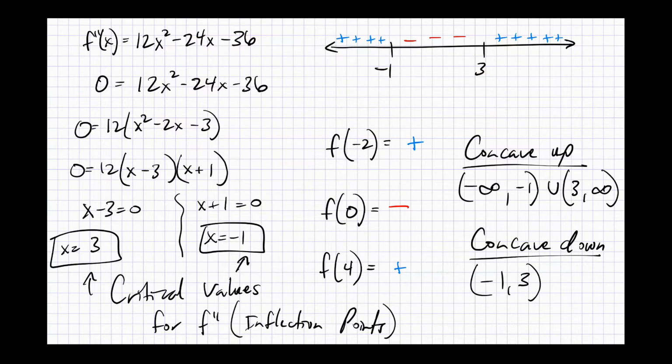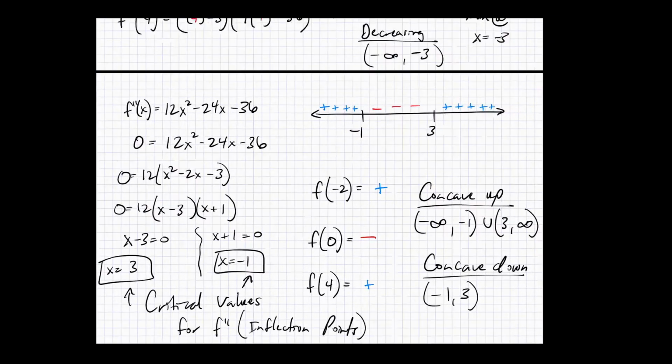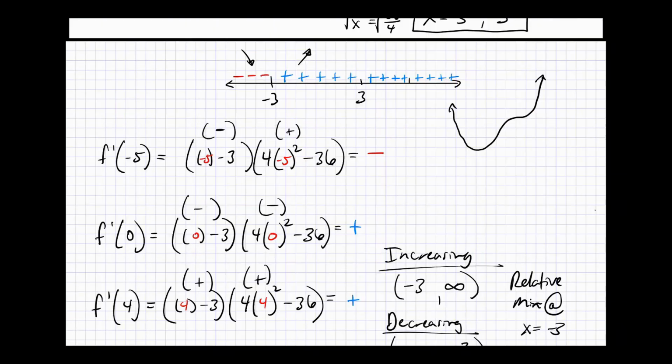All right. So based on that, concave up before -1 or after 3, and in between is where it's concave down. That kind of goes with my picture here. Concave up, and then it changes, continues concave up, and then here, this is where it changes.